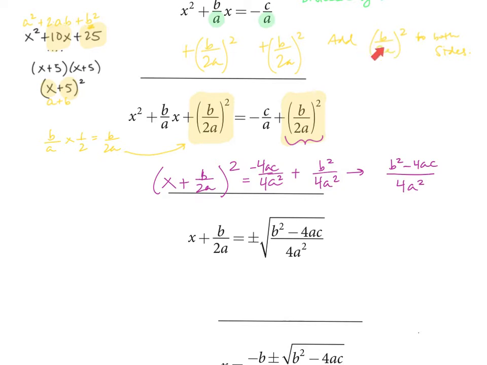So our steps, we added b over 2a squared to both sides, and we rewrote the left side as a binomial squared, and the right side we worked on having a common denominator. So our next step was, let's try again.